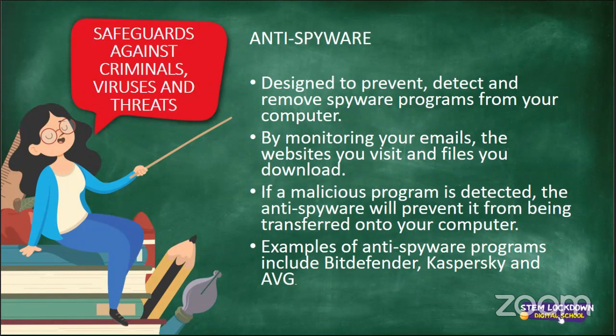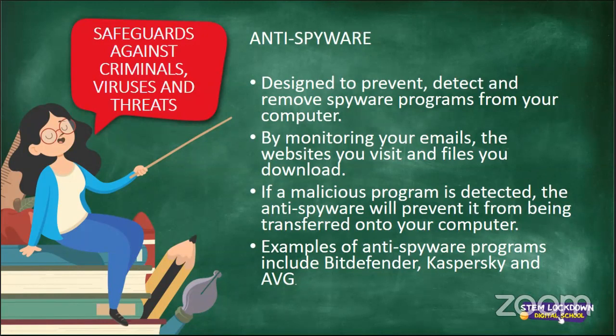It's mainly there to see what they can get from you, by monitoring your emails, the websites you work on, and the files that you download. Yesterday we said companies pay big money for this type of information, especially for advertising and targeted purposes, and other people use it to get into your accounts, like your bank account, and try to get money from you.